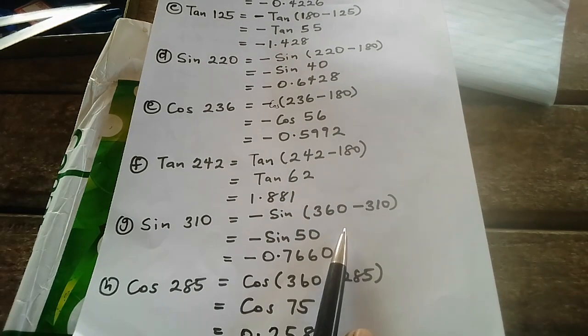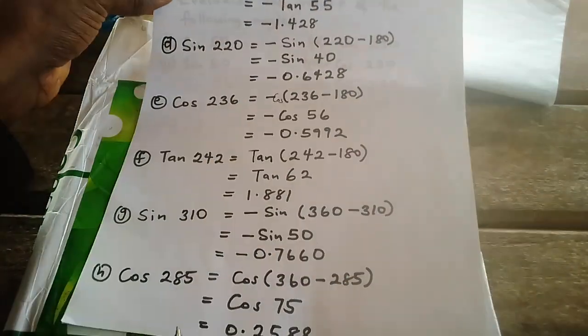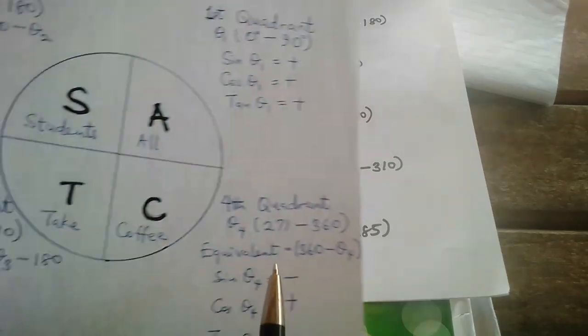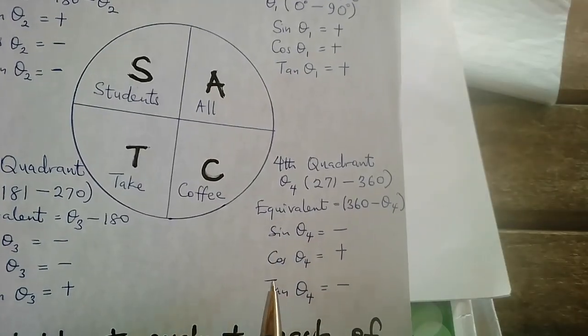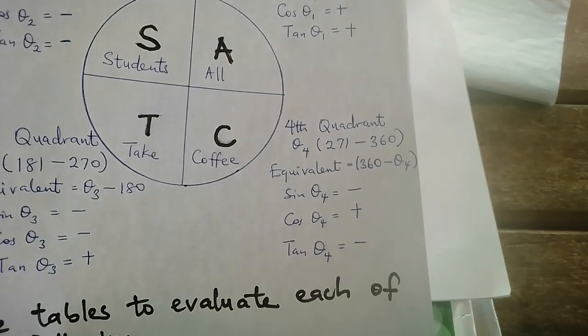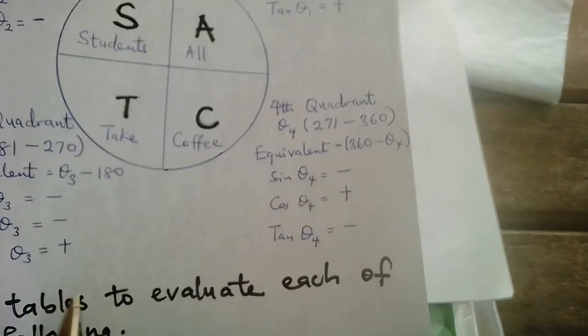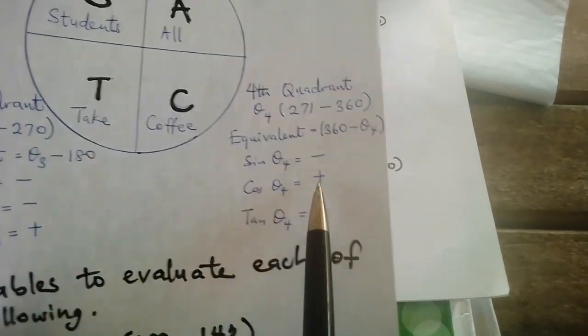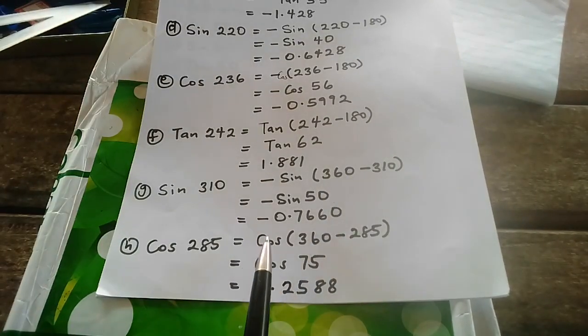0.7660. Then H, we are having cos 285. Cos 285 is in the fourth quadrant. In the fourth quadrant, cos is positive. So that is why it will be plus cos.